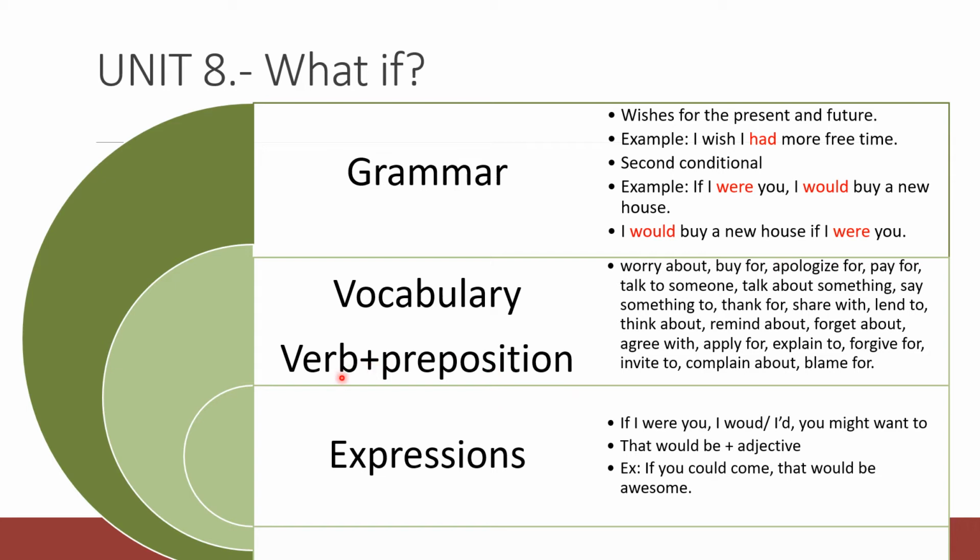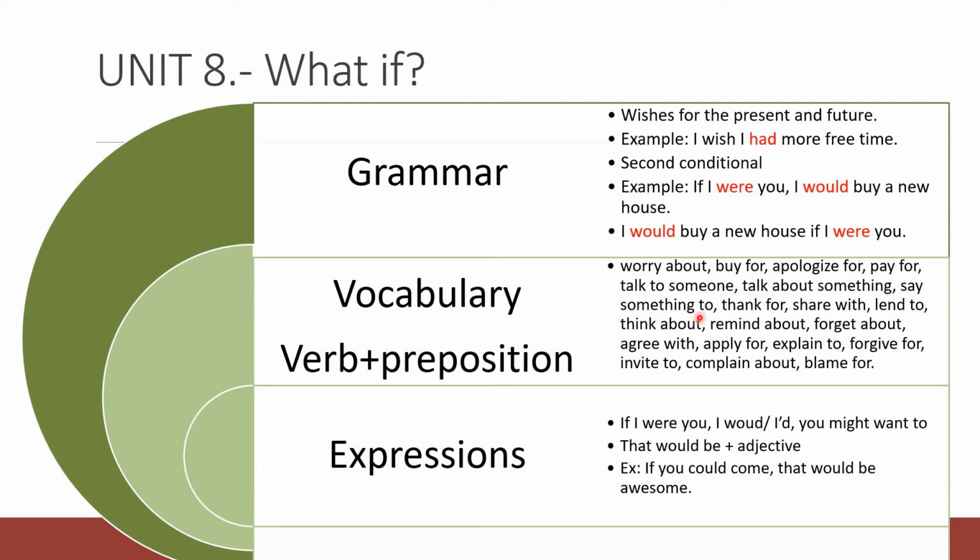Vocabulary. In vocabulary, we have verbs plus prepositions. So here we have the verb worry about, buy for, apologize for, pay for, talk to someone, and you can also say talk about something.